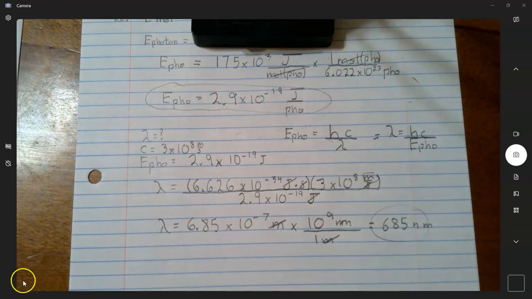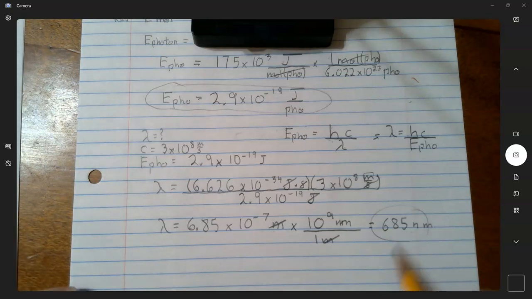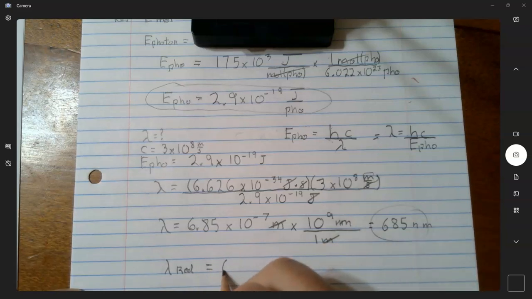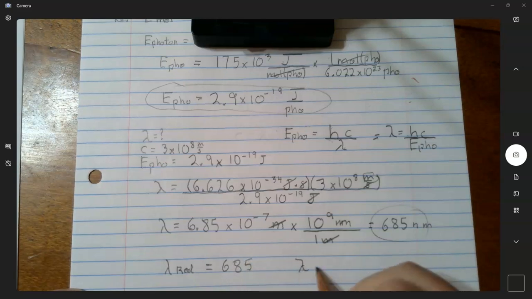All right, now the question wants us to compare that to violet light. So this is typical of red light. So wavelength of red, if you look at the electromagnetic spectrum, it's right here around 700. And a wavelength of violet, which is the highest energy light.